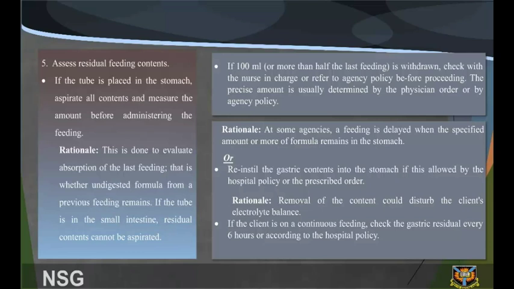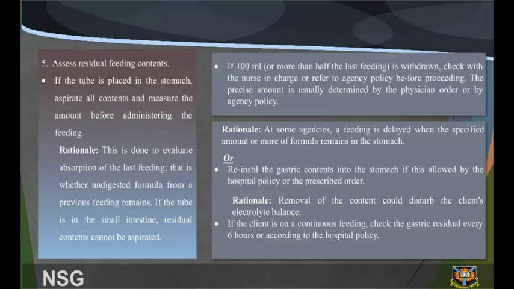Rationale: at some agencies, a feeding is delayed when the specified amount or more of formula remains in the stomach, or reinstill the gastric content into the stomach if this is allowed by the hospital policy or the prescribed order. Rationale: removal of the content could disturb the client's electrolyte balance.